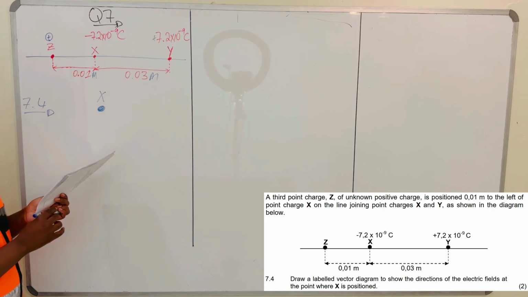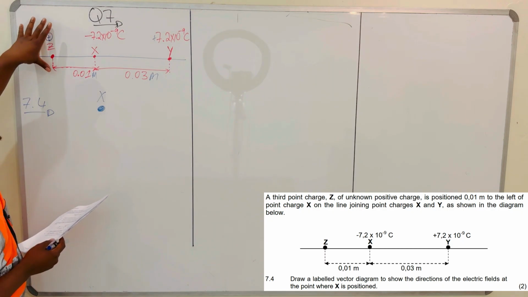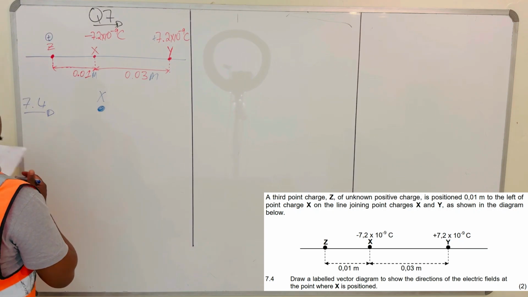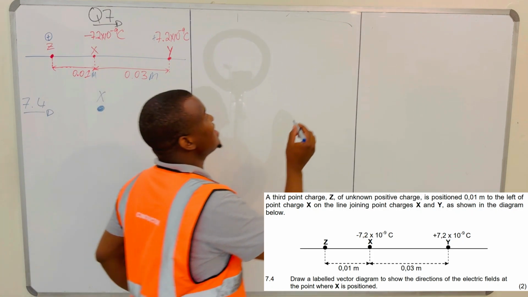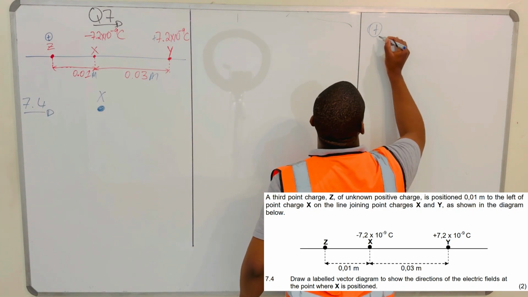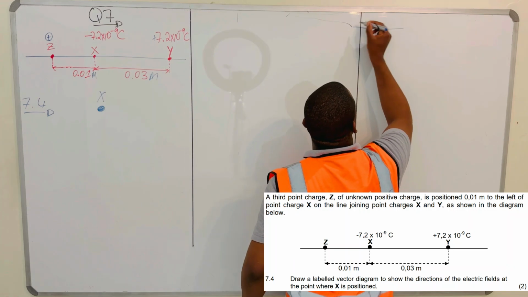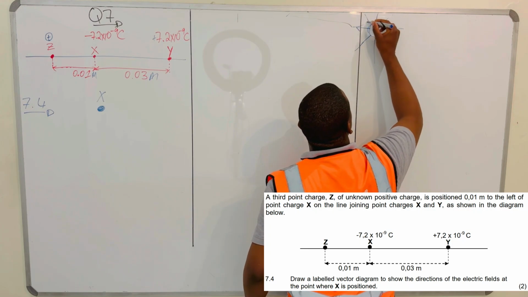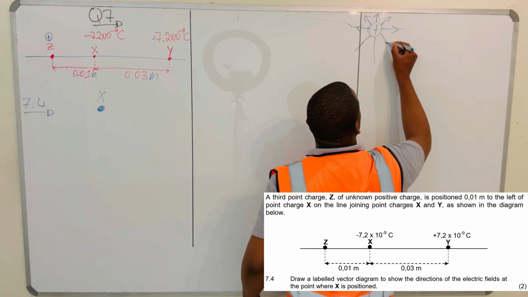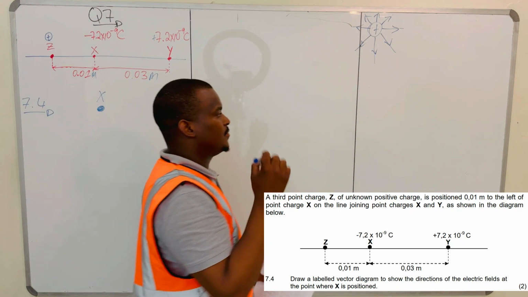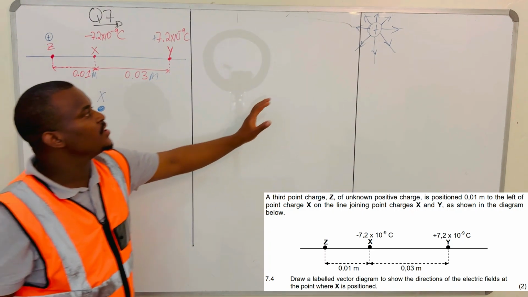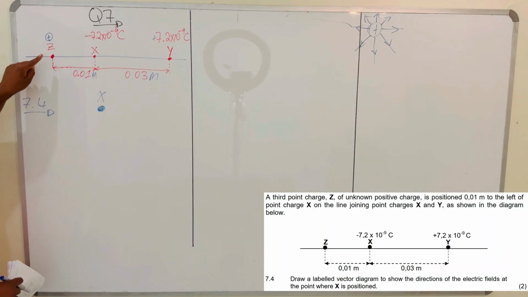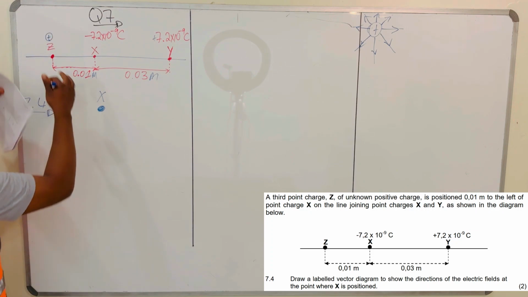What is happening to you? There is a positive charge on the left. If a positive charge is sitting on its own, you know that the electric field lines are radiating out of this charge, going outwards in all directions.